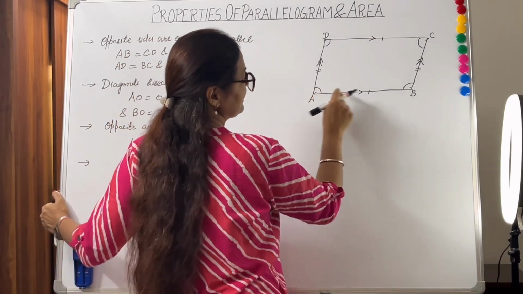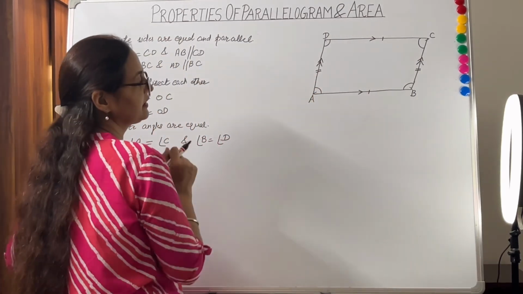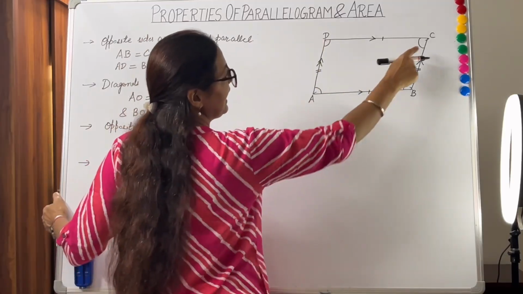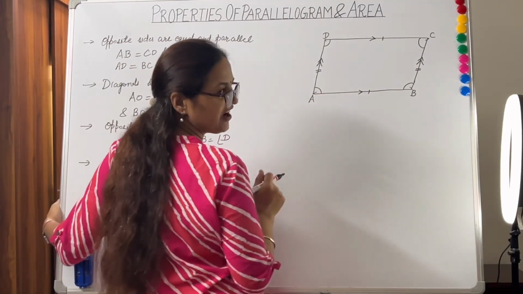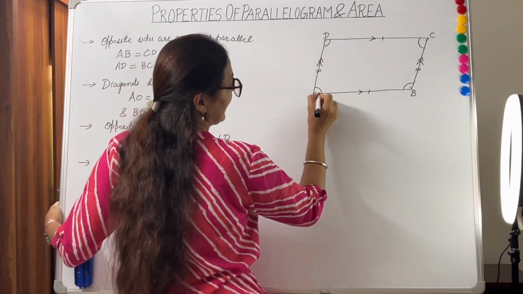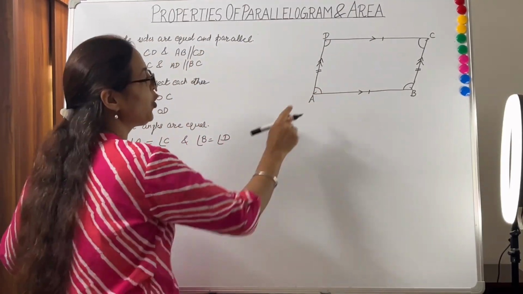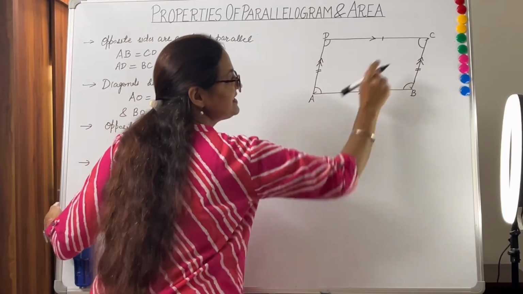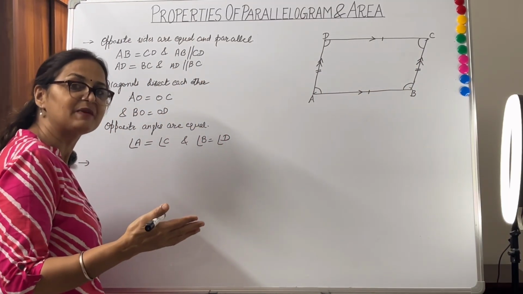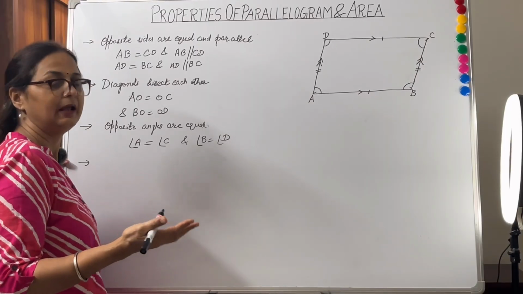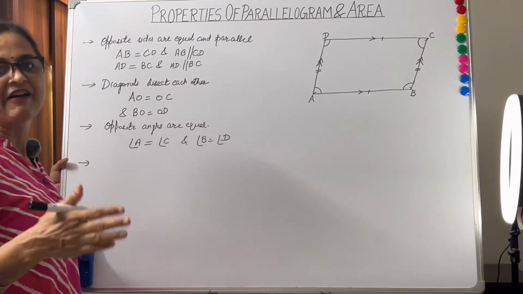How? देखो angle A and B अगर हम लें तो AD and BC are parallel lines and AB is their transversal. So, angle A and B are making co-interior angles with AD and BC. And co-interior angles parallel lines के केस में क्या होते हैं? They are supplementary, means they add up to 180 degree.